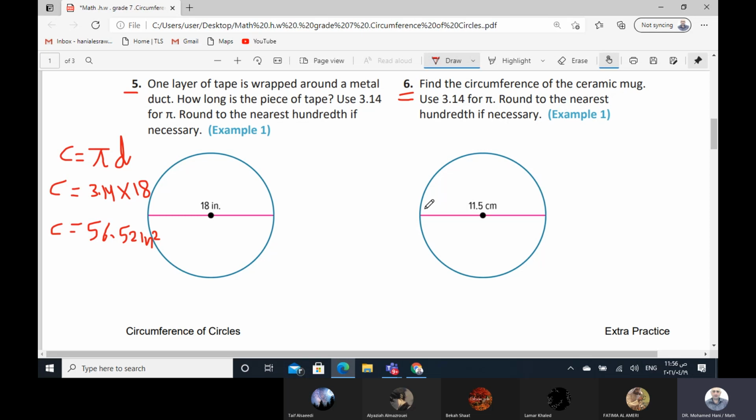So as you see here, we have the diameter, and we know the pi, and we want to find the circumference. Start from the formula, C equal pi times D. So C equal, the value of pi will be 3.14, and D will be 11.5.